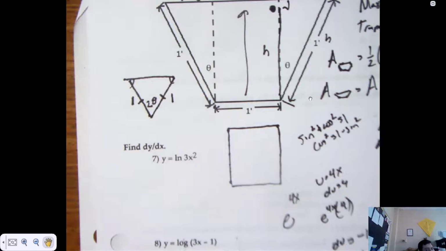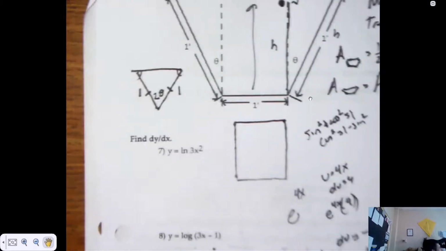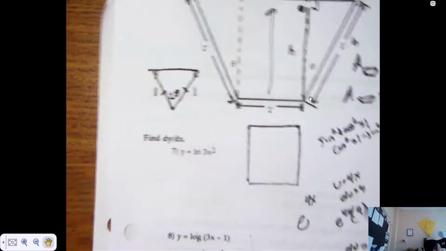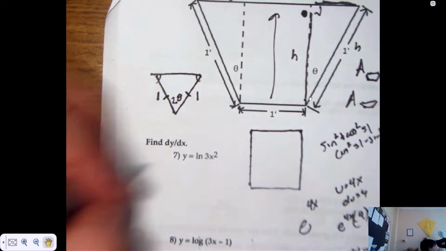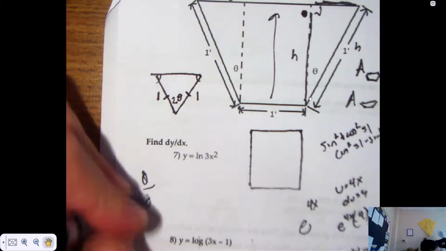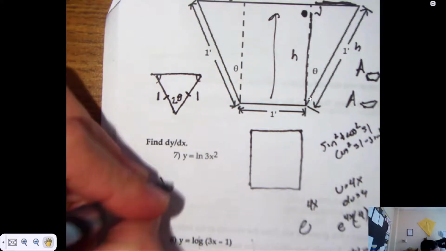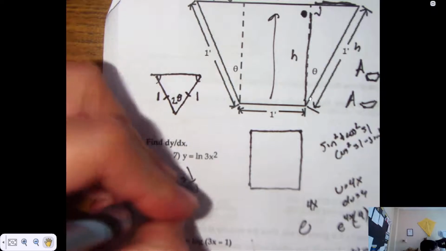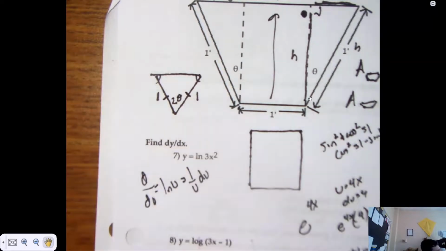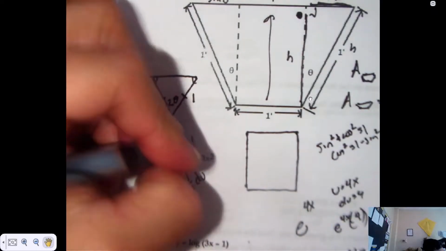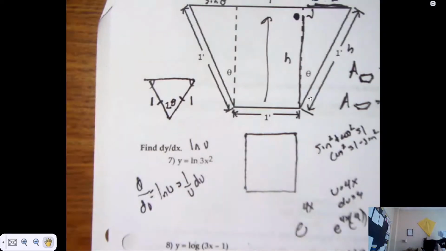So next up will be number 7. 7 is a natural log. Tanner, I don't guess you know how to find the derivative of a natural log, do you? Okay. There is a form. The derivative with respect to u of the natural log of u is 1 over u du. All you got to do is identify u. Look, I'm going to write it out above it. Natural log u. 3x squared.